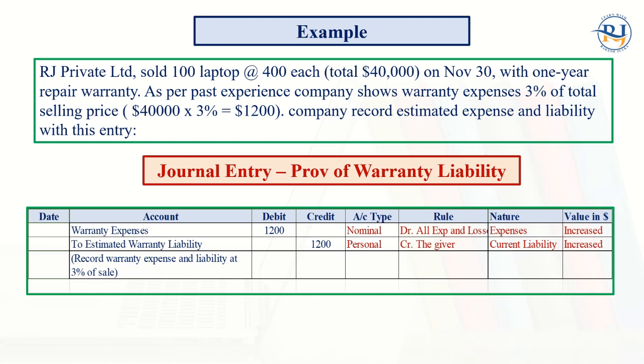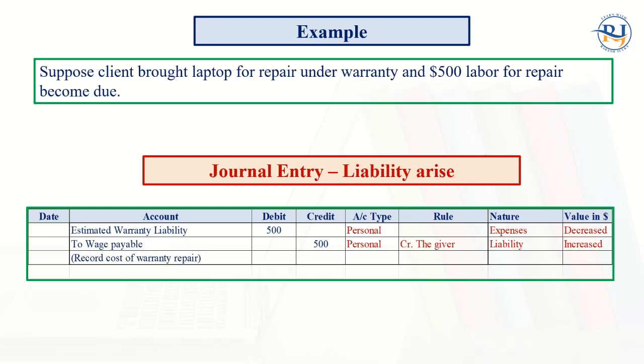The company records estimated expenses and liability with this entry as follows. The general entry for the provision of the warranty liability would be warranty expenses account debit $1,200 to estimated warranty liability. So in this case, the expenses of the company have increased by $1,200 and the liability also has increased by crediting the estimated warranty liabilities.